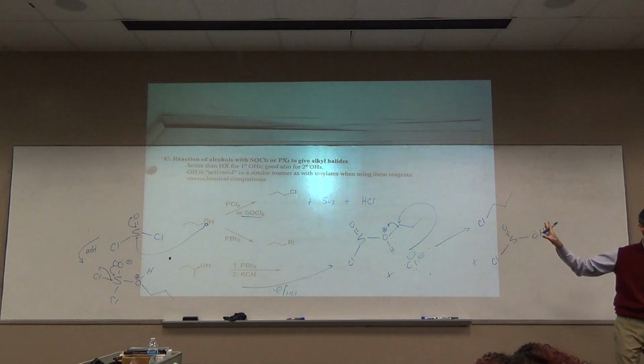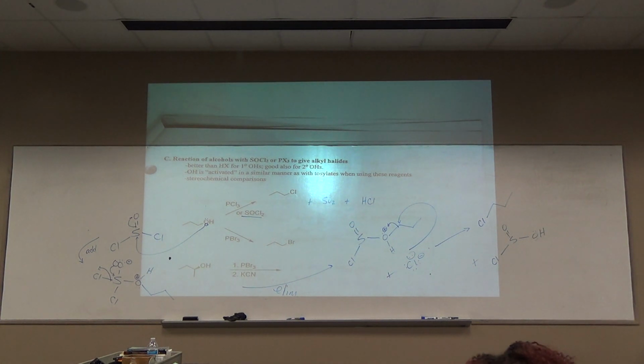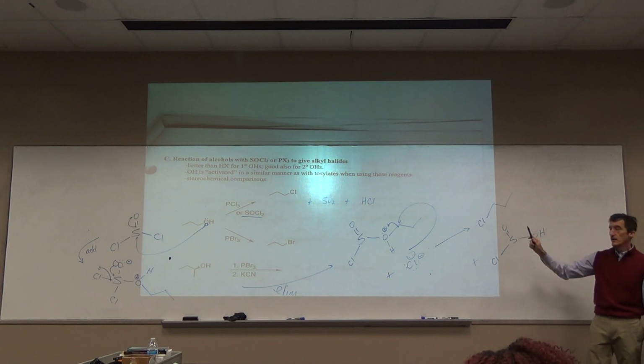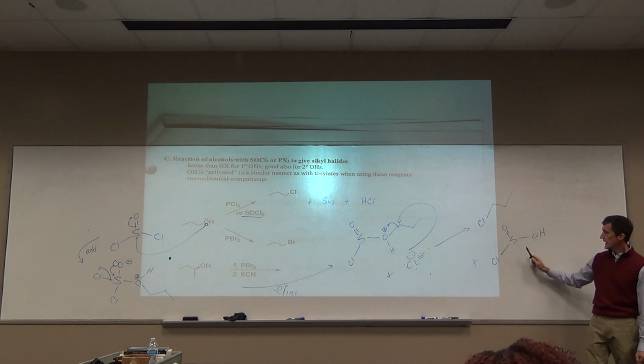Everything comes from the arrow movement, right? Are we done? No. We made our organic product, but we didn't make SO2 and HCl like I told you is formed. How can you get that from here?